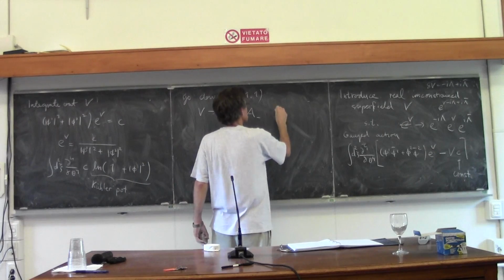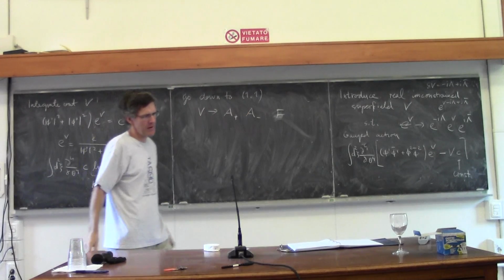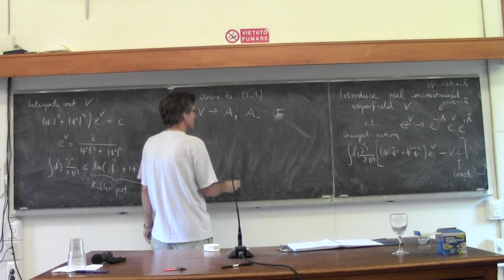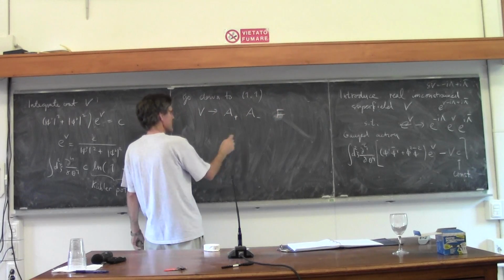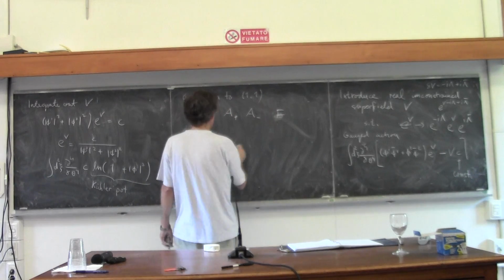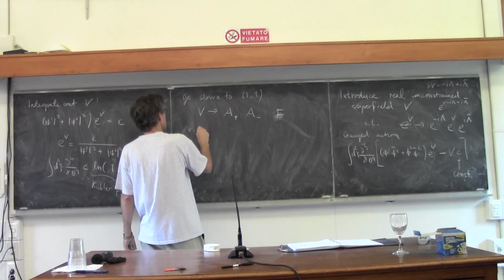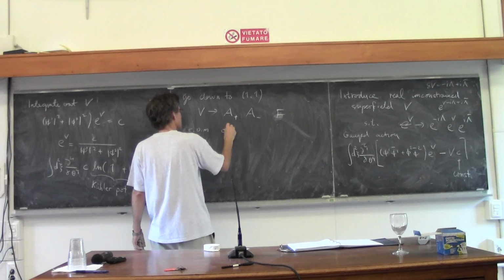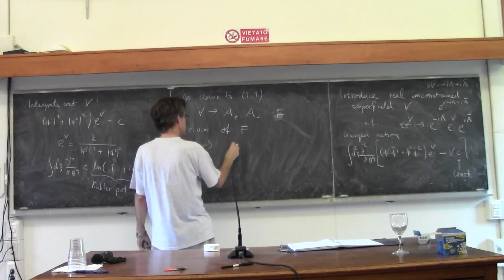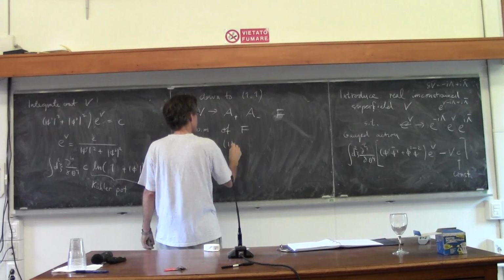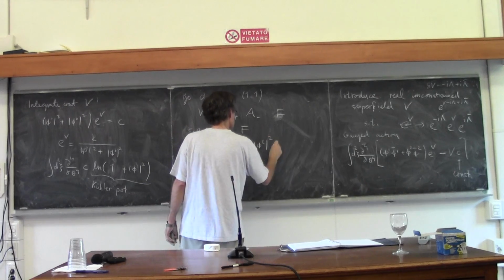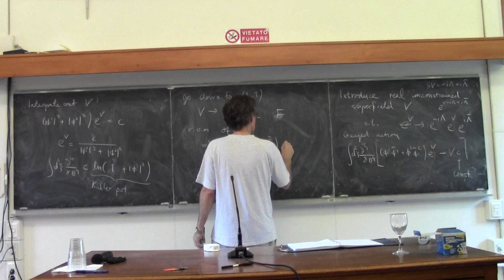And if I look at the equations of motion of F, it gives me a condition: phi1 squared plus phi2 squared is equal to c.